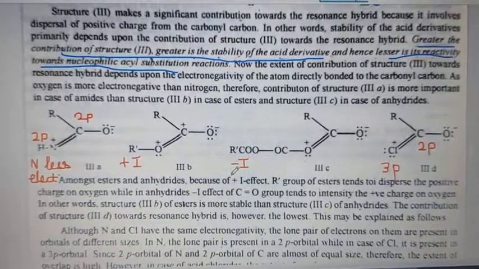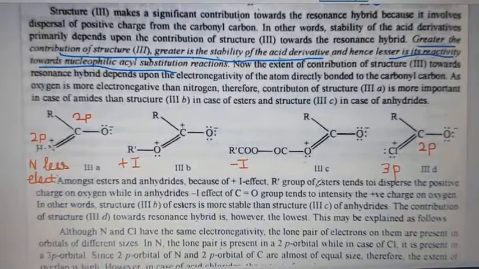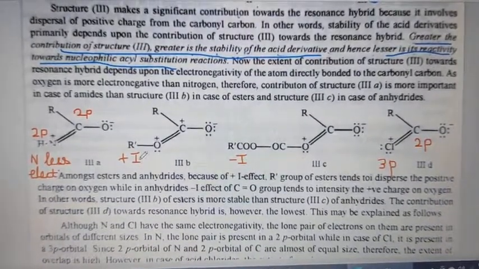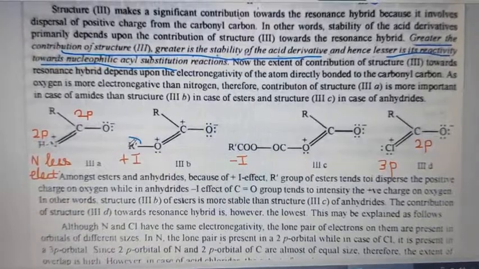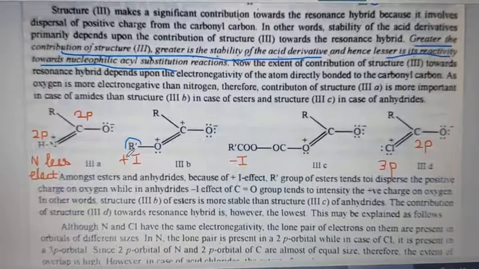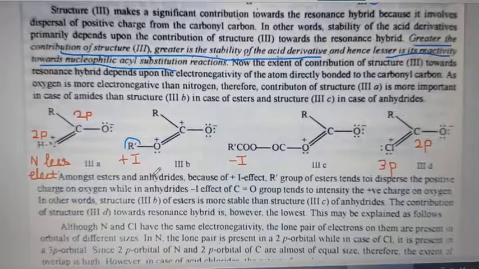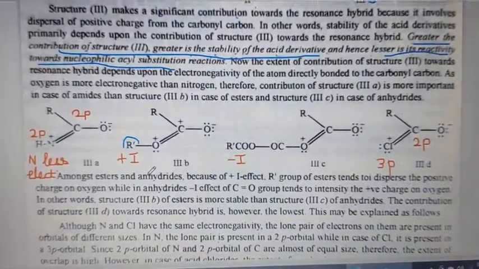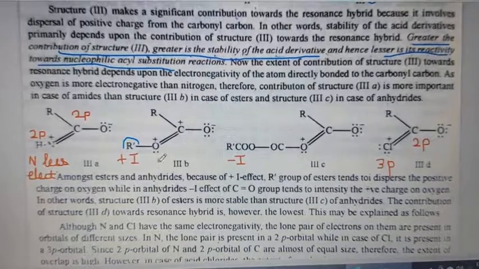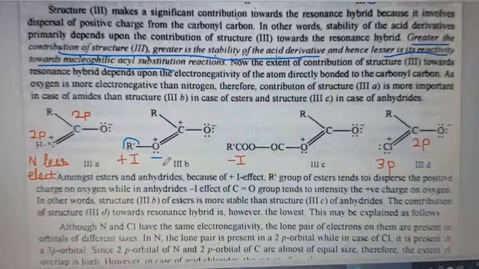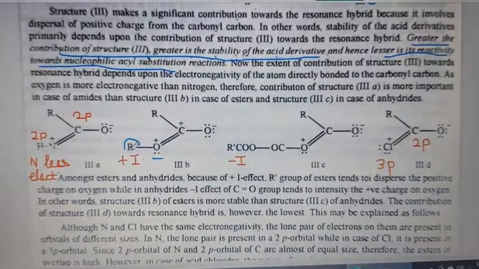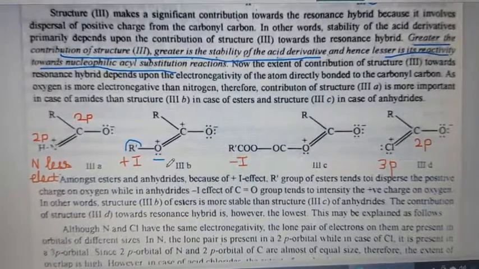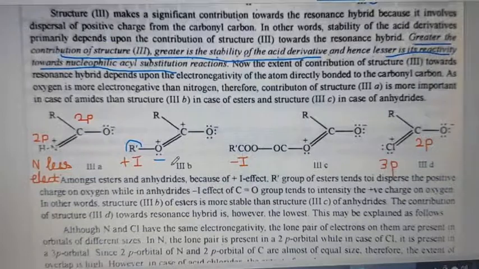By comparing 3B and 3C with each other, in case of ester, the R' group shown here has a plus I effect. So it provides electrons, it pushes electrons toward this positively charged oxygen and it tries to disperse the charge on this oxygen. So this structure is most stable.